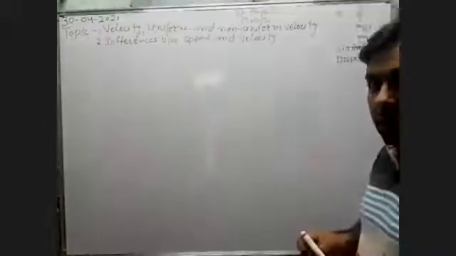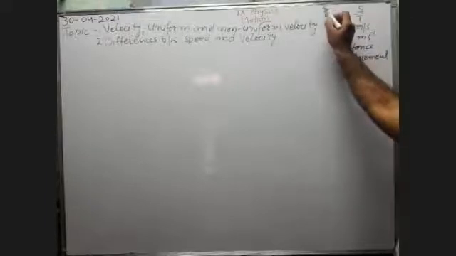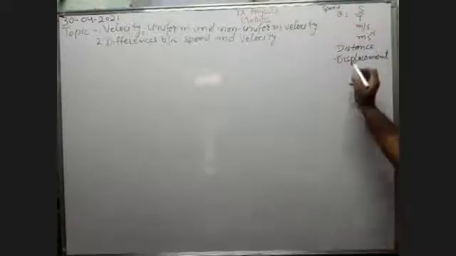We are doing our chapter motion, and what we have done till now: distance, displacement, and speed. The actual path length between initial point and a final point is known as distance.